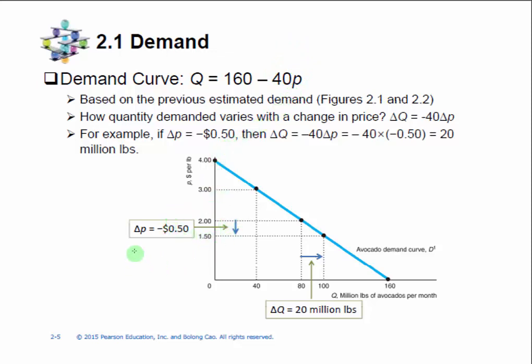If the price changes, the delta P here is negative 50 cents. The price dropped by 50 cents, then the quantity increased by 20 million pounds. This is the delta Q. And that change comes from this negative 40 coefficient. So that's a linear demand curve. You plug in a value for the price, and you will be able to find a quantity demanded from this demand curve. Or if you have a quantity demanded, you can calculate what the price is from this demand curve.